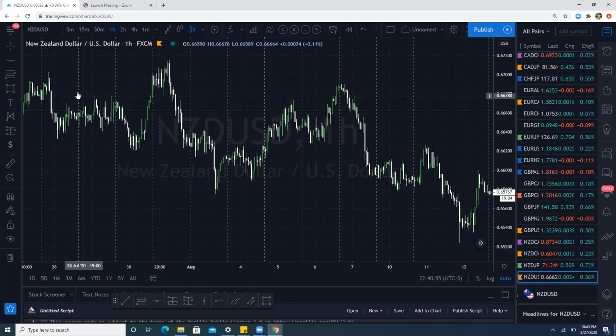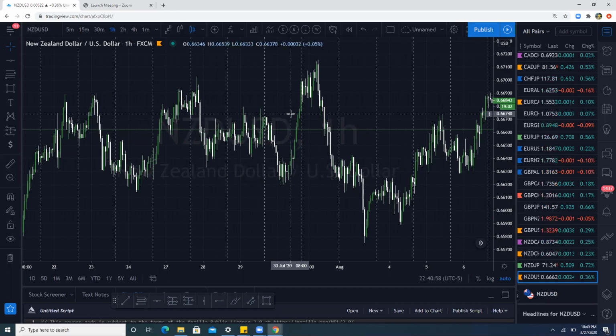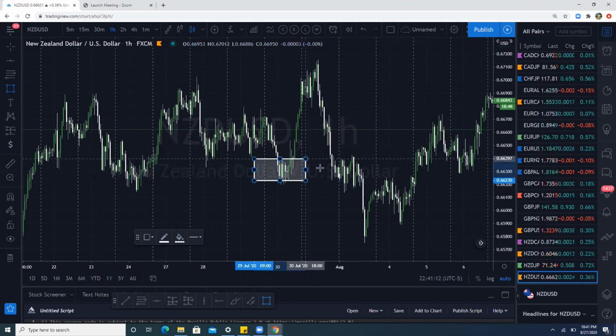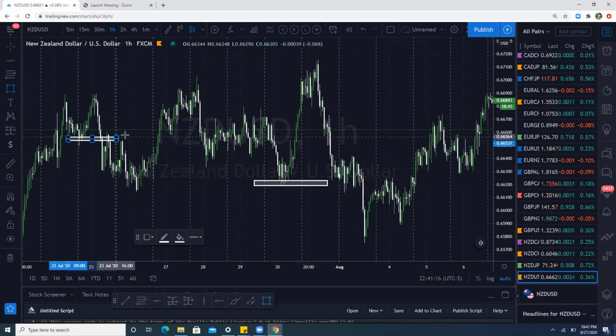So when it comes to support and resistance, support is basically just like the word says. It's something that is supporting something. So if something is supporting, then it's going to be at the bottom, like a foundation. So this would be considered a support right here. Another one would be this, a support right there.